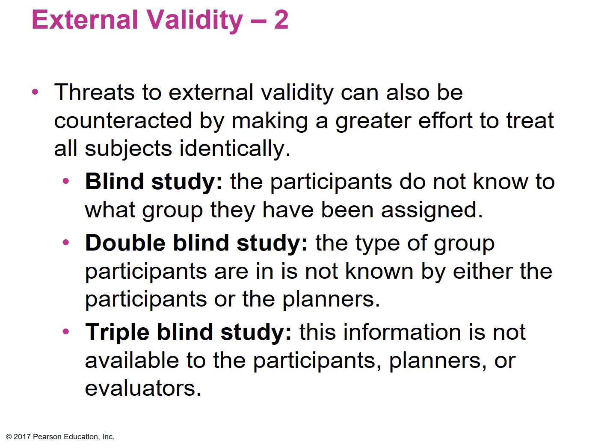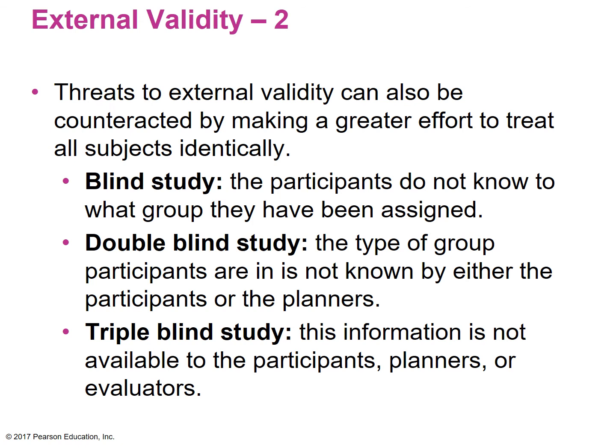Bias, right? Trying to control for the effects of bias, there are certain things that you can do. A blind study, the participants don't know which group they're assigned to, right? So that's going to take out that rivalry concern. A double-blind study, the participants don't know what group they're in, and the researchers don't know who's in a control group and who's in an experimental group.